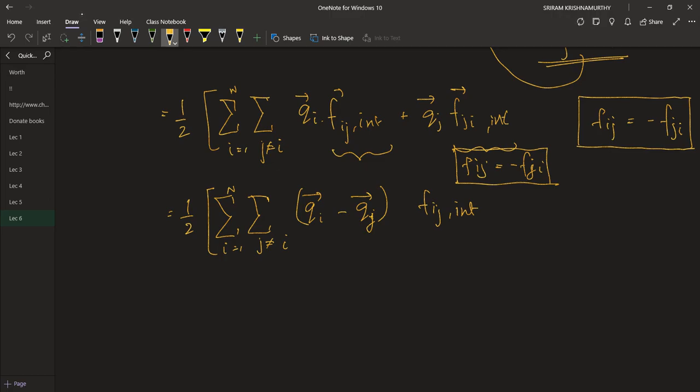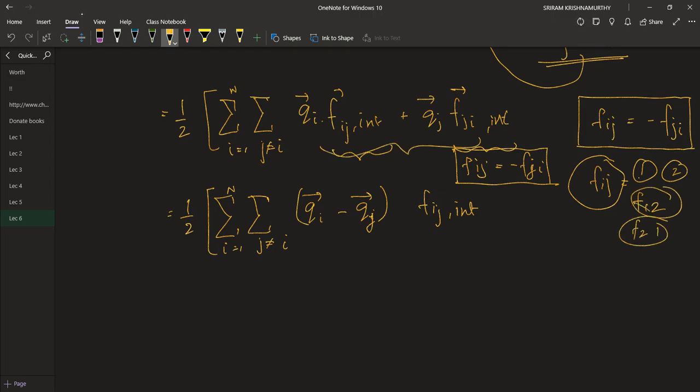So this total force will be some, if we are calculating the interaction between 1 and 2, then we can say that this is F12 or F21. Both are one and the same thing, right? So that's what we have done here.